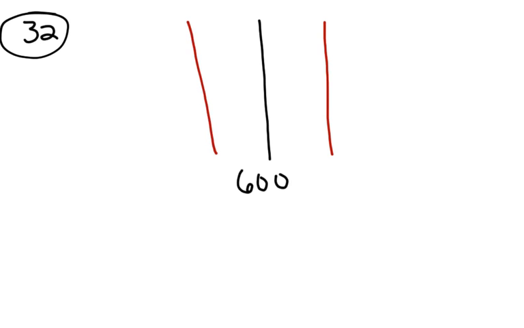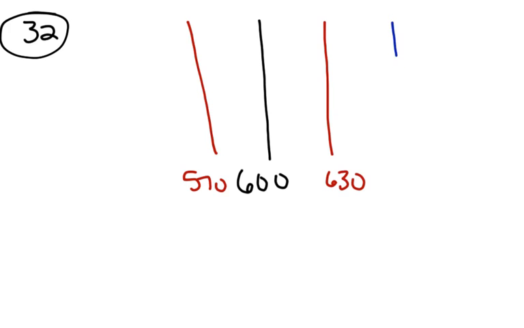In number 32, it says a normal distribution has a mean of 600. I'm going to write my 600 right here. And the standard deviation is 30. That means one standard deviation to the left and right is going to be at 630 and 570.